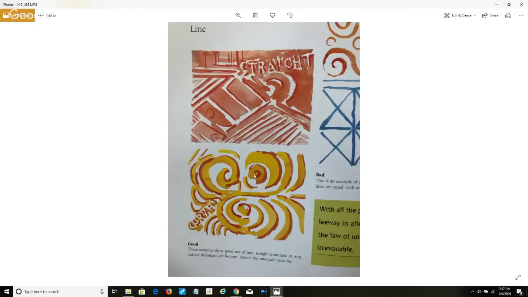And so he says these are good examples of line because there's a kind of line that dominates. There's both kinds of lines in both images, but in both of them, one kind of line is dominant over the other. In this case, curved versus straight.